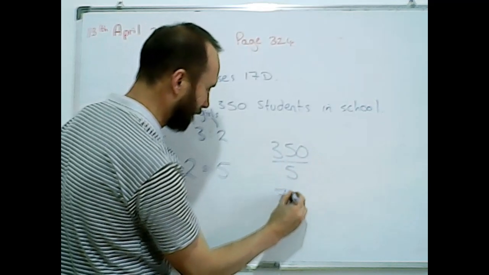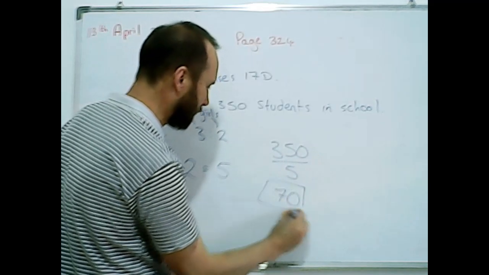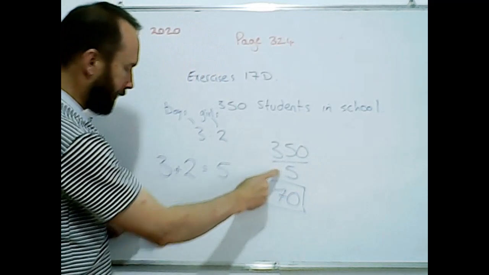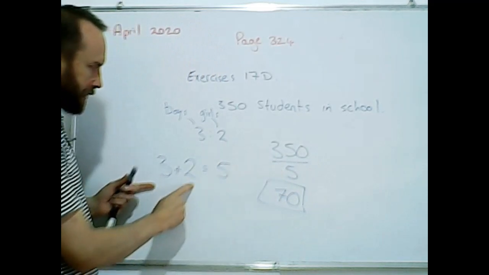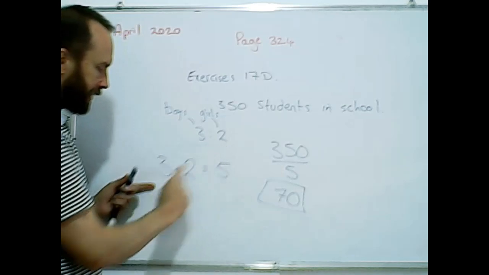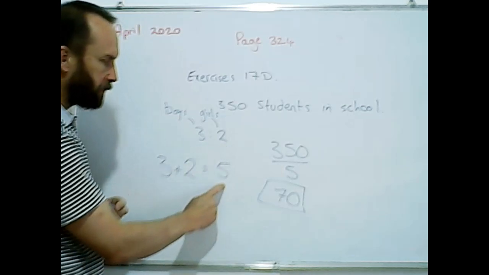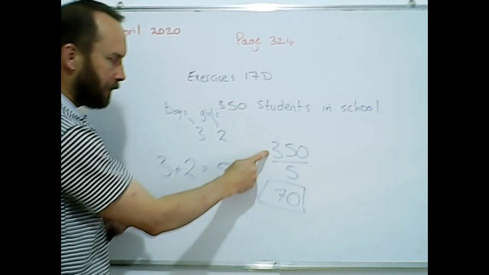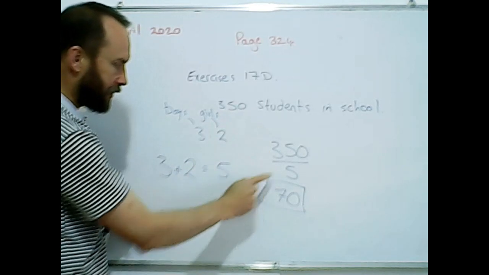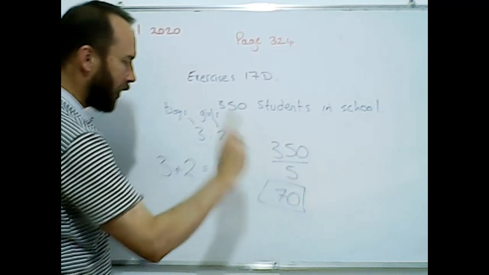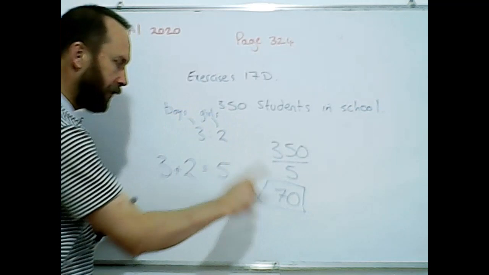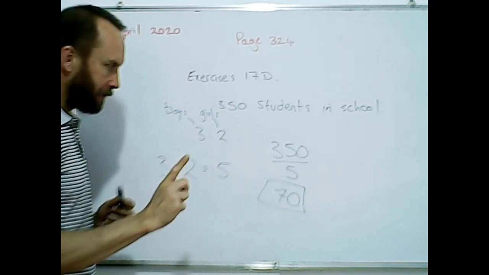So we added the two ratio parts together, 3 and 2, to make the 5. We divided the total by the addition of the two ratios, and we get what 1 is. 1 is 70.